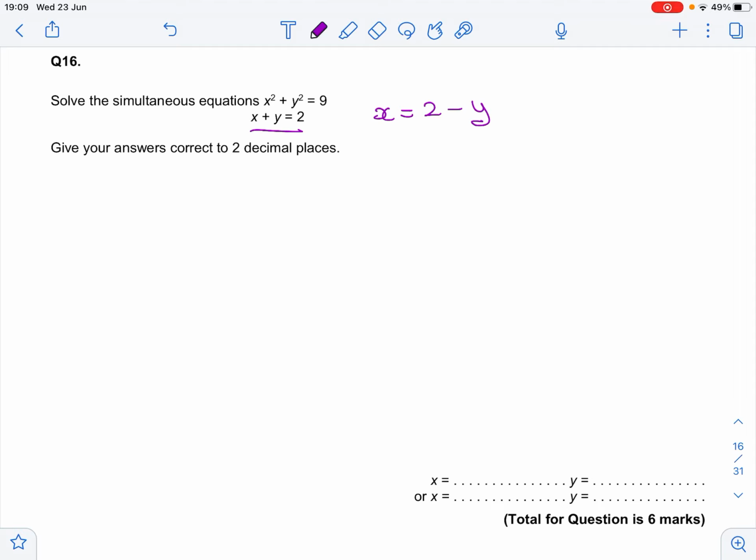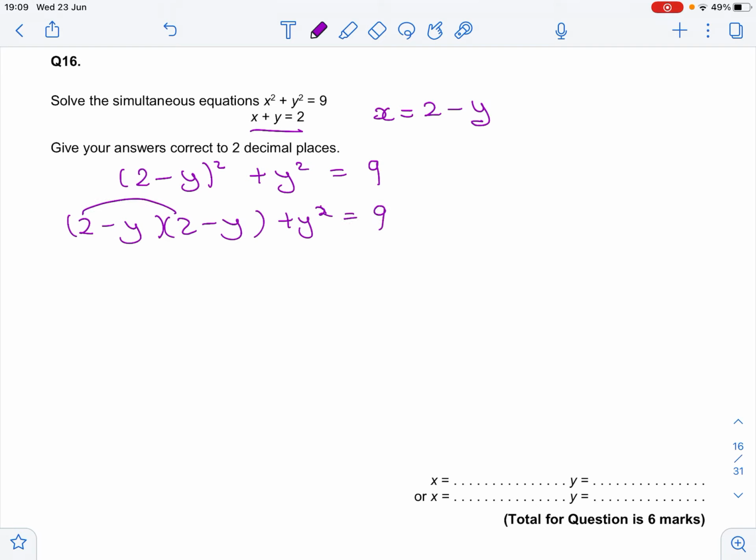So x is the same as 2 minus y. So we have (2 minus y) squared plus y squared equals 9. Expand our bracket. So (2 minus y) squared is the same as (2 minus y)(2 minus y), plus y squared equals 9.